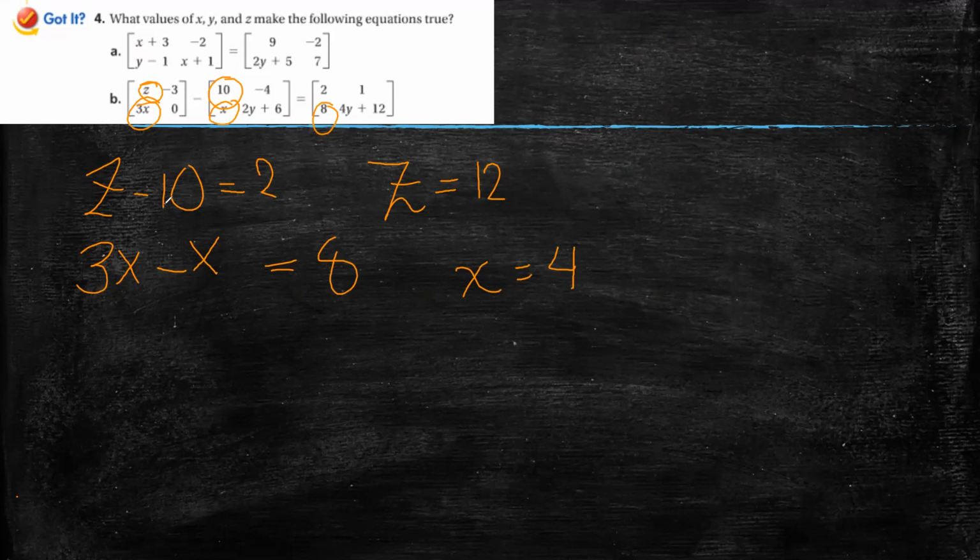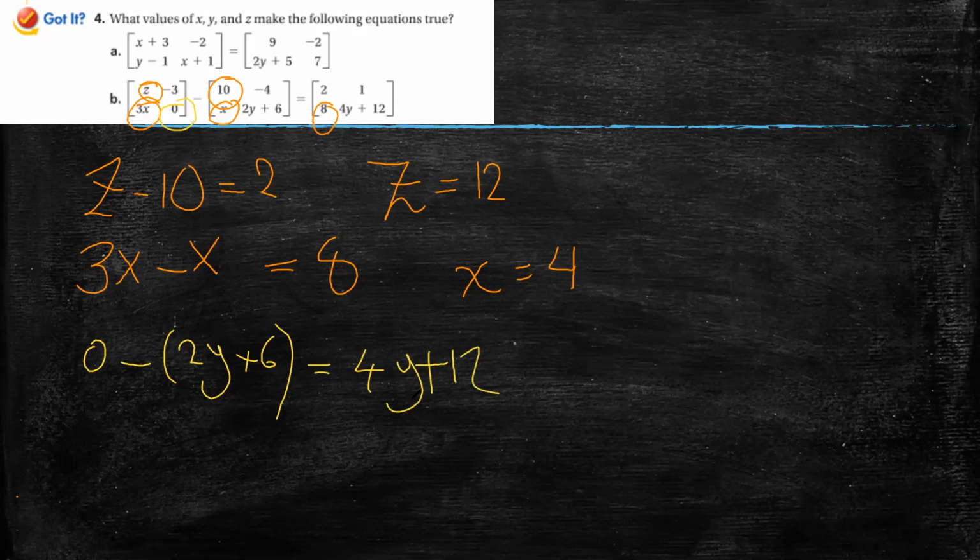And 0 minus 2y plus 6 equals 4y plus 12. So negative 2y minus 6 equals 4y plus 12.